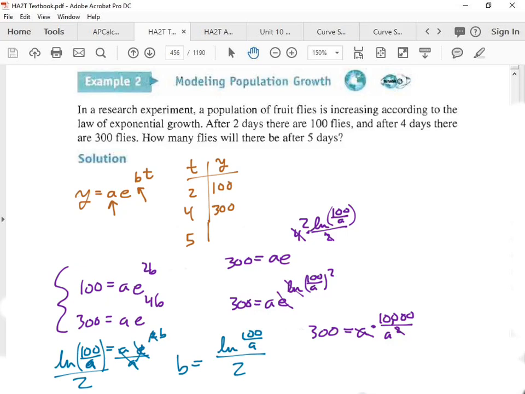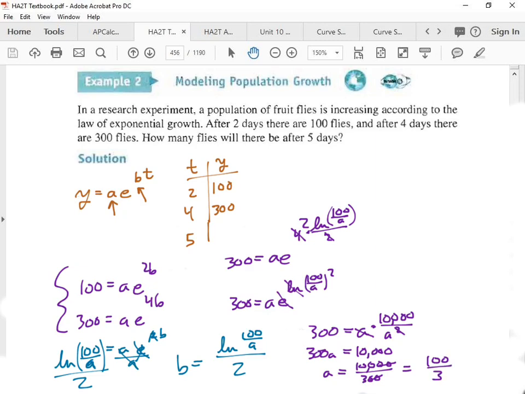Multiply both sides by A. Now I have 300A equals 10,000. And then I divide both sides by 300. Cancel out these zeros right here. Divide the top and bottom by 100. So we got A equals 100 divided by 3.